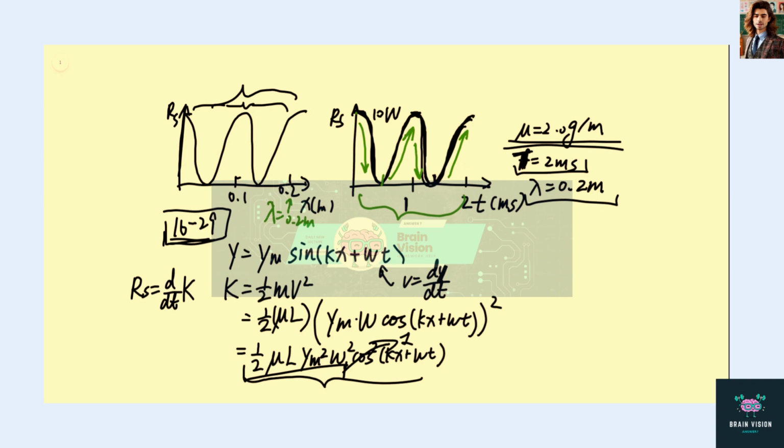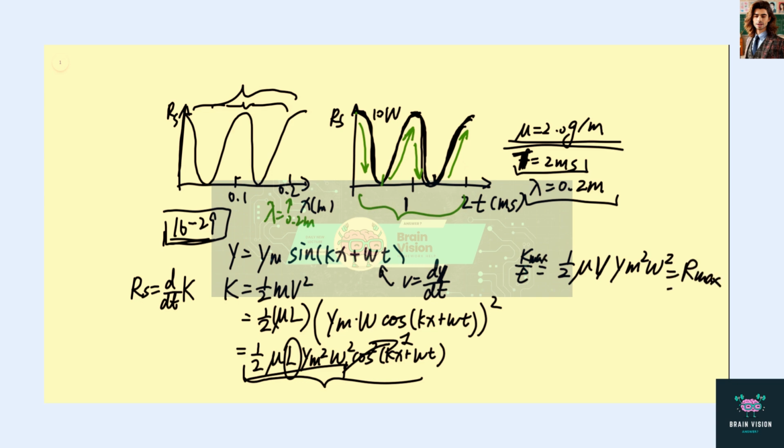Then if we're looking for the rate of change with respect to t, L over t becomes v, the speed. So this is a max over t, which is equal to the max rate.